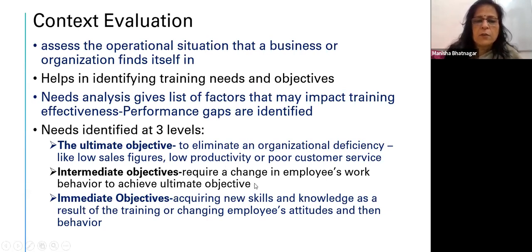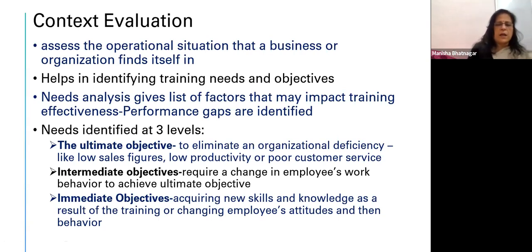What are the intermediate objectives to change the employees' work behavior to achieve these objectives? Then the immediate objectives: acquiring new skills and knowledge as a result of the training, or changing employees' attitude, and then the behavior. So it works on three levels: ultimate objective, intermediate objective, and immediate objectives.